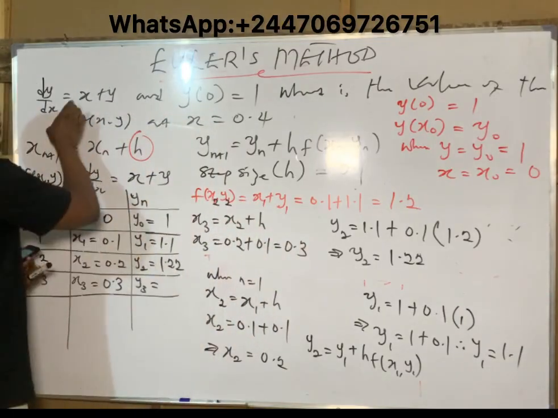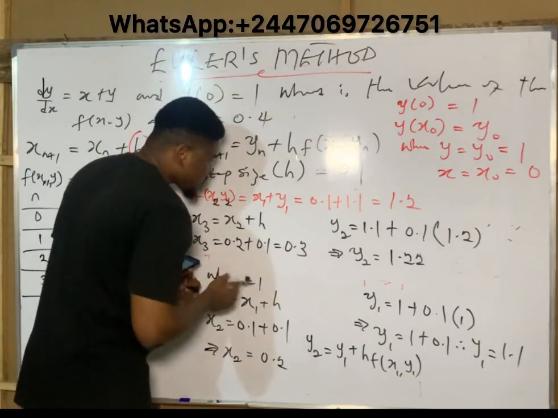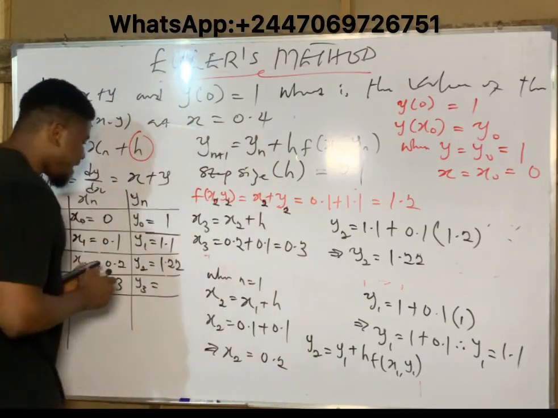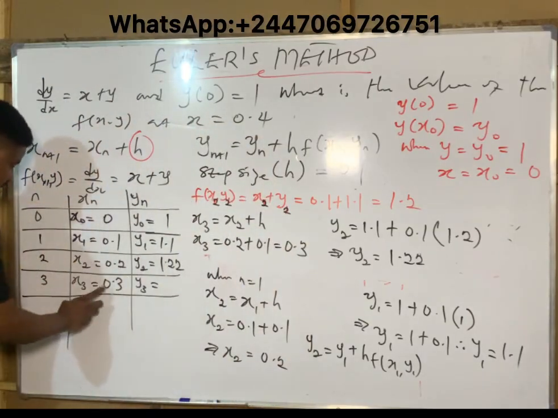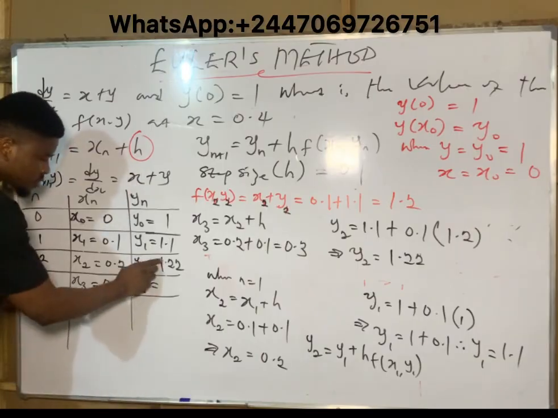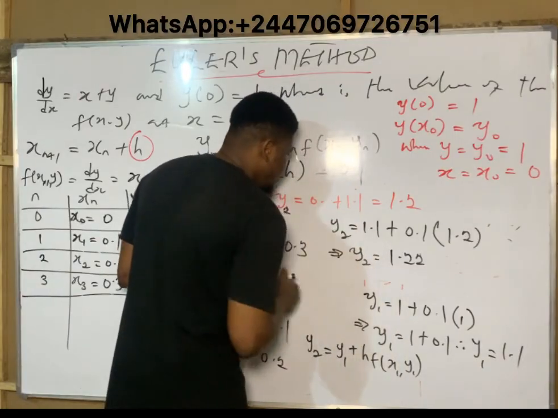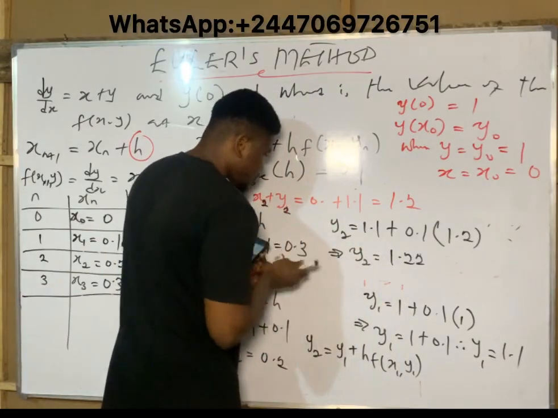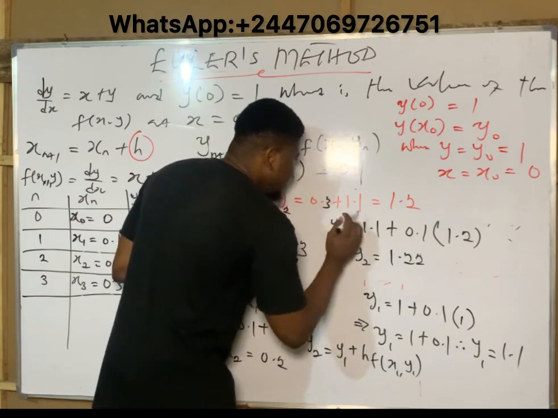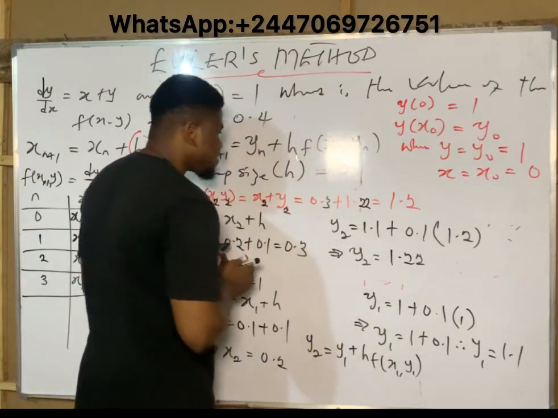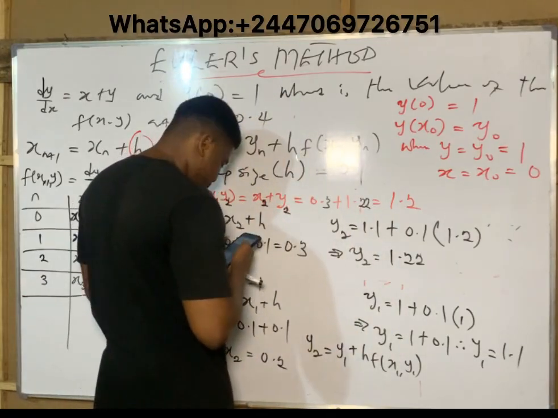So this becomes x2 plus y2. Now what is our x2? x2 is 0.3 and our y2 is 1.22. So we simply change here to 0.3 and 1.22. So we find 0.3 plus 1.22.